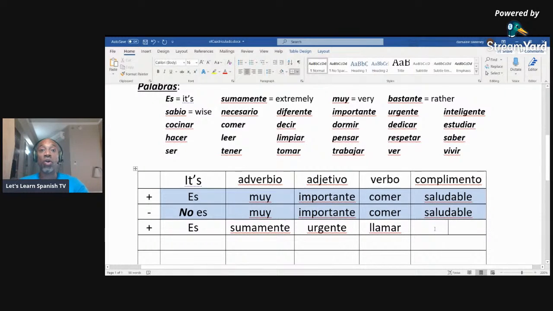And who are we going to call? No, not Ghostbusters. Let's see. Ella. Okay, so es sumamente urgente llamar a ella. Es sumamente urgente llamar a ella. Tell me, what does that mean?